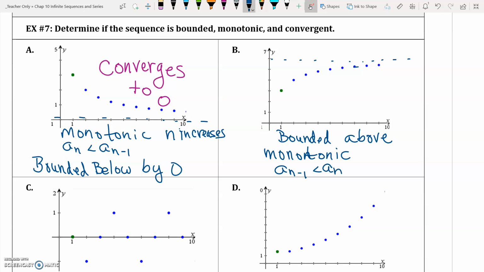So they keep going up. They never come back down again. Since it's bounded above and monotonic, this sequence converges. And it's going to converge to, it looks like, 6.